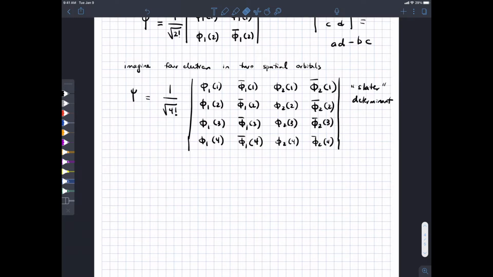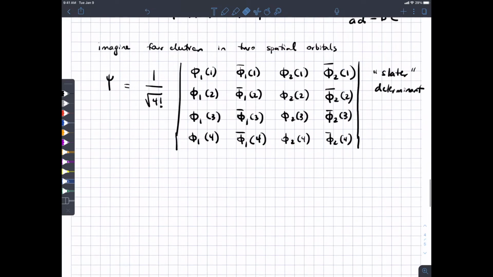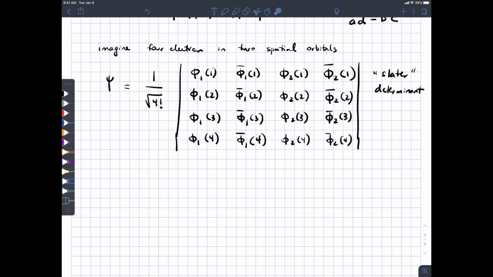That's true for any determinant of arbitrary size. So if, for example, column 2 were the same as column 1, that would basically be saying that 2 electrons occupy the same spatial orbital with the same spin, and then the wave function collapses.